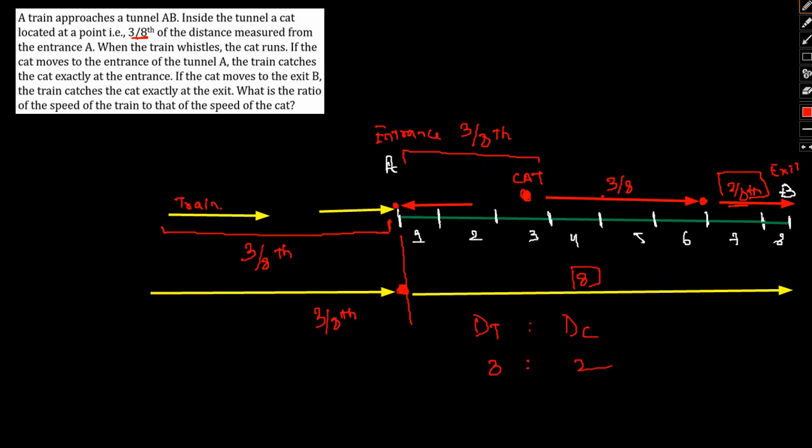So 2 units covered by the cat and the train covers the entire 8, so 8:2. So if we talk about the ratio of the speed, since time is the same, distance will be directly proportional to speed, so the speed of the train is to the speed of the cat will also be 8:2, or 4:1. So 4:1 will be our answer.